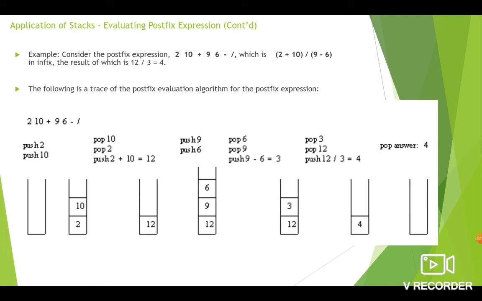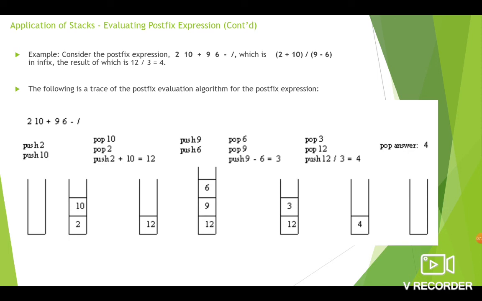The next symbol is minus. Since it is an operator, you have to pop two values from the stack. The popped out elements are 9 and 6. You perform the subtraction operation among these two operands. So 9 minus 6 gives you the result 3.